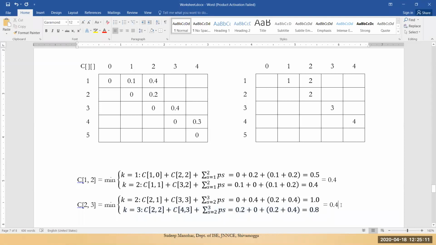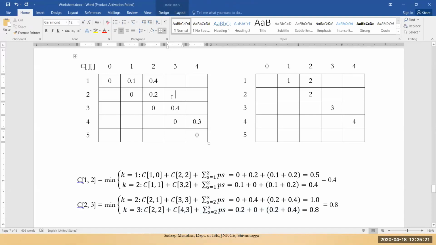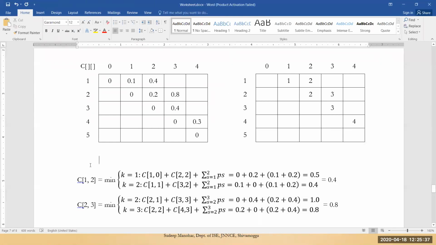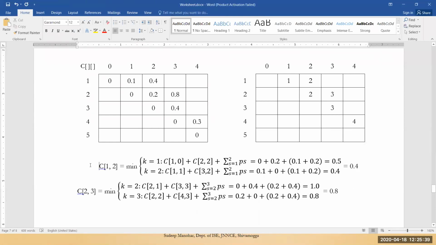Okay, I'll write this here. The result is 0.8. Now, out of 1.0 and 0.8, 0.8 is the minimum. Therefore, I have considered this. Fill it here, 0.8. And what is the value of k? K is 3, because you got 0.8 when k was 3. Put it here in the same location. So that is the second value that I have computed.